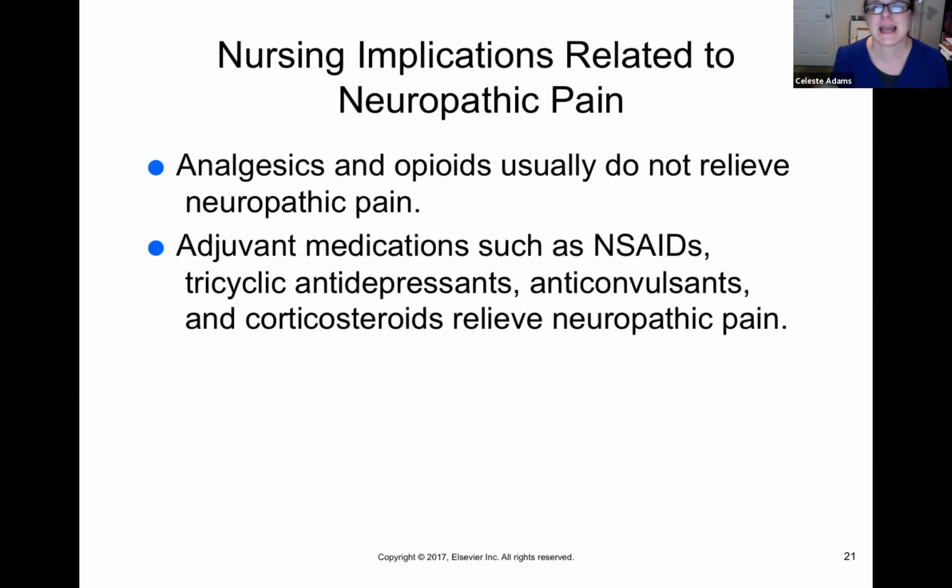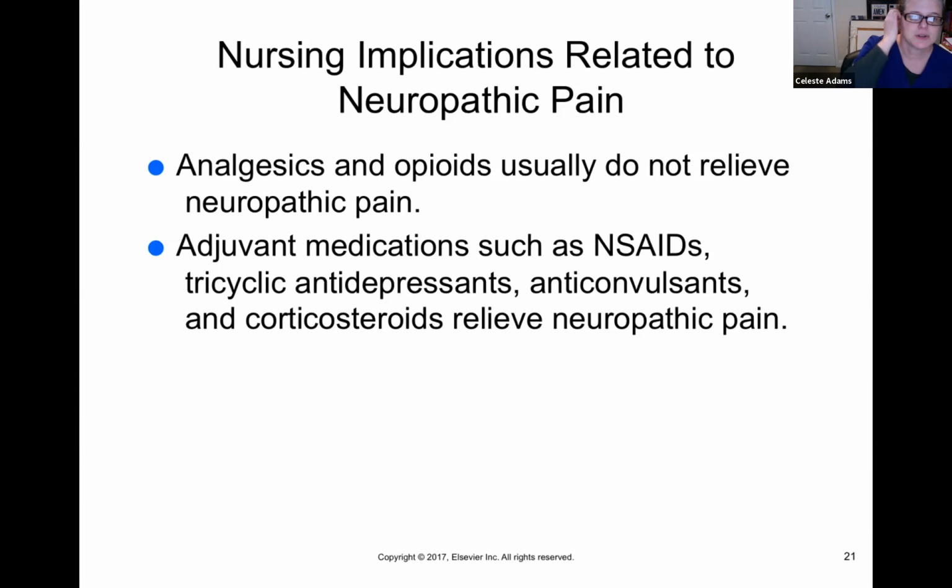You really have to get down to the neuro level and the nerve cell level to get that pain to be manageable. Adjuvant medicines, extra medicines such as NSAIDs, tricyclic antidepressants, anticonvulsants, and corticosteroids relieve neuropathic pain.